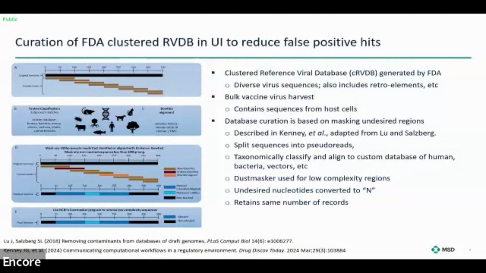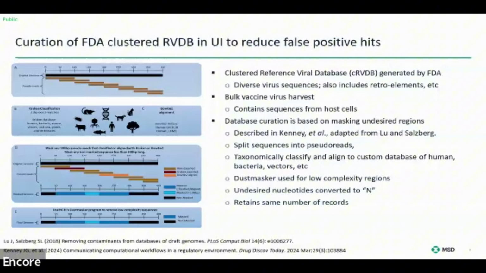This has been described in a couple of publications, but basically we split up those genomes into pseudo reads, apply classification for undesired reads such as vectors and bacteria. And then we also use dust masker to mask low complexity regions. So ultimately what we end up with is converting all of those undesired nucleotides to Ns, so we retain the same number of records.